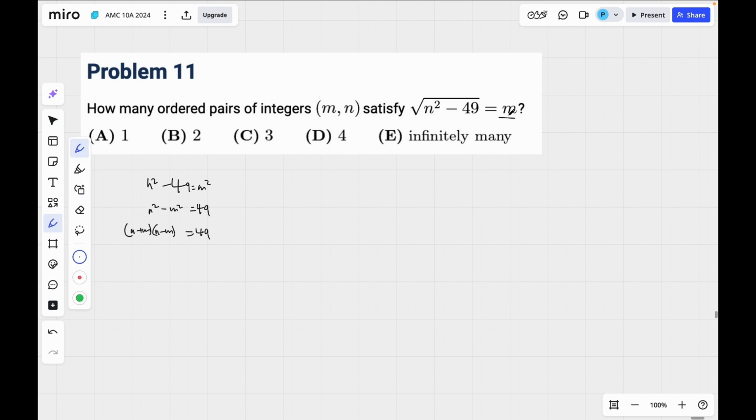Now since m is equal to the square root of a number, we know that m must be non-negative, so we know that n plus m is greater than or equal to n minus m. So now we can do casework on all the factors of 49.